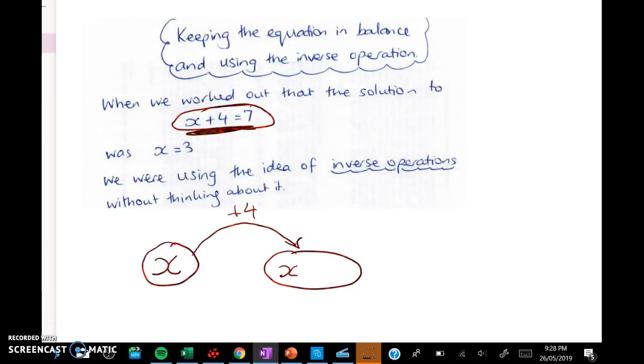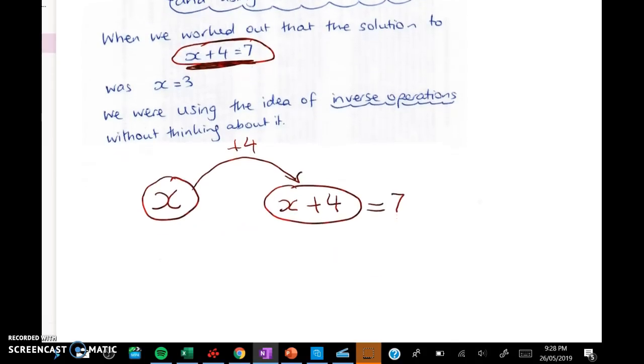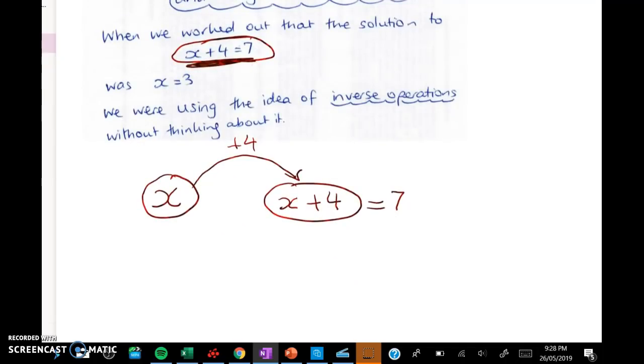So algebraically, we can say we get x plus 4. And that equals 7. So now if we want to solve the equation, we're going to work backwards. And in this case, the working backwards says, well, what's the opposite of adding 4? It's taking away 4. So I started with 7, and I'm going to take 4 away from it.